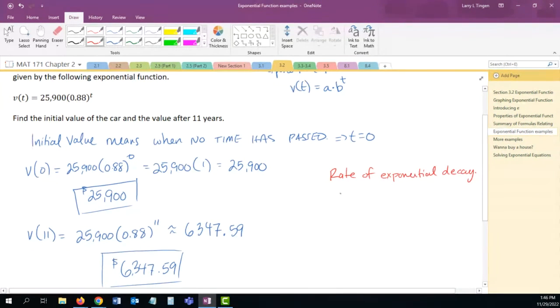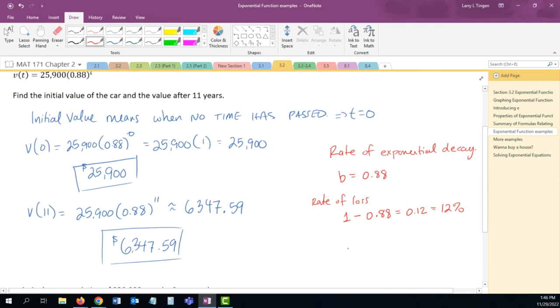In this problem, the base is 0.88. So my rate of loss is 1 minus whatever the base was. 1 minus 0.88 is 0.12, and then convert that decimal to a percent.